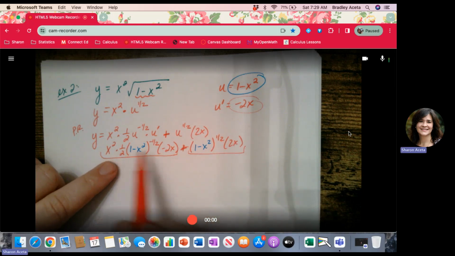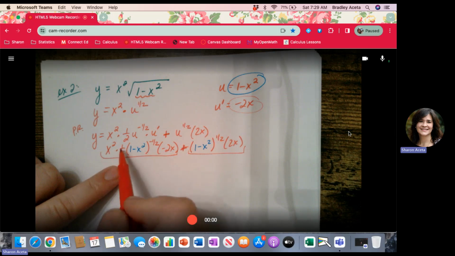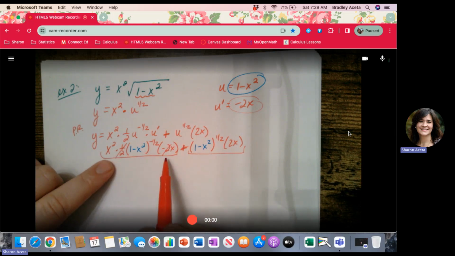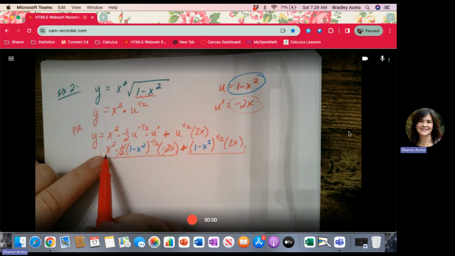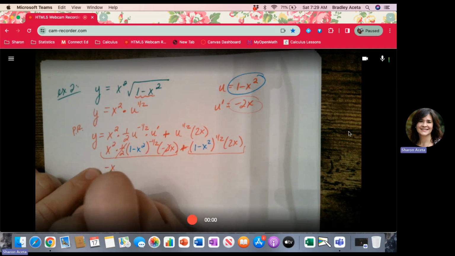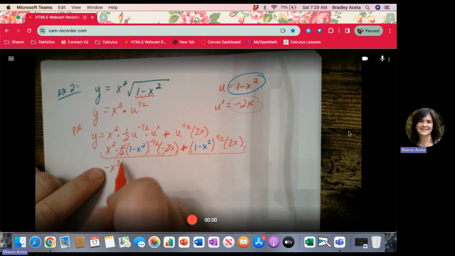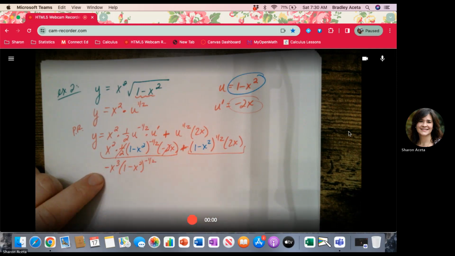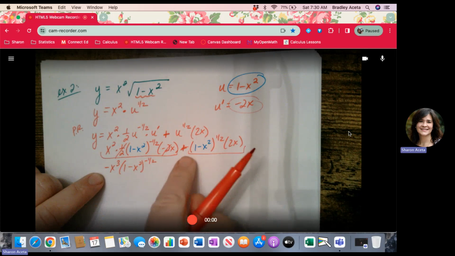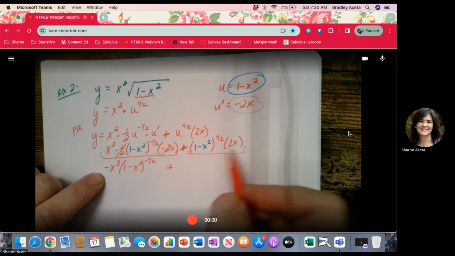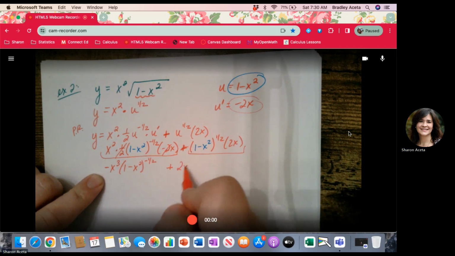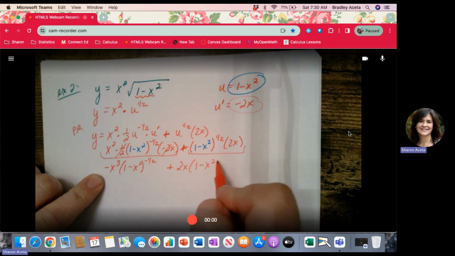So 1/2 times negative 2x, well, that's going to become negative 1. So let's just cancel that out. So negative x times x squared is negative x cubed. Then I write my quantity in the back. Now I'm going to go over to here. I like to put that in front and then put my quantity to the back.